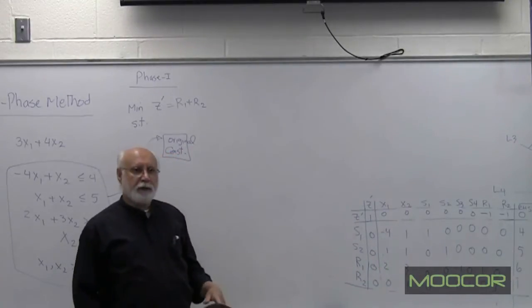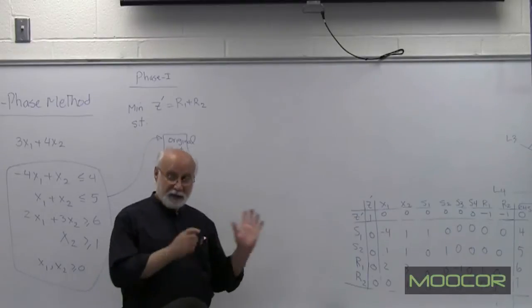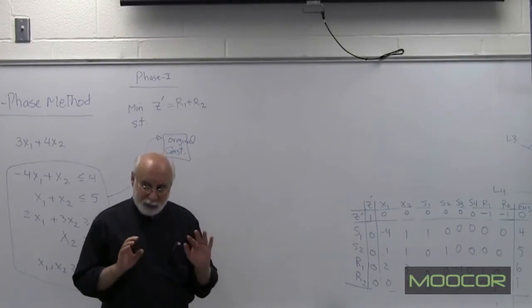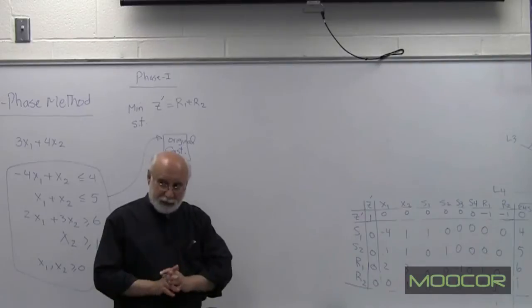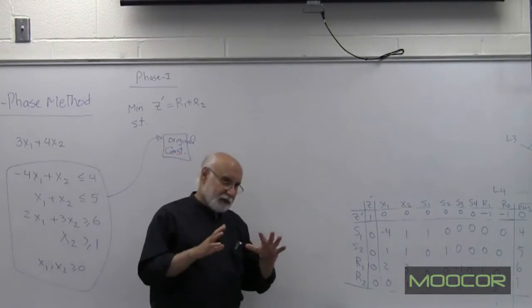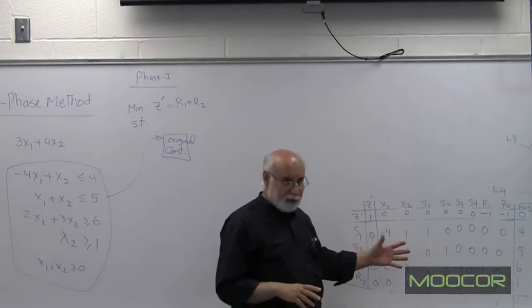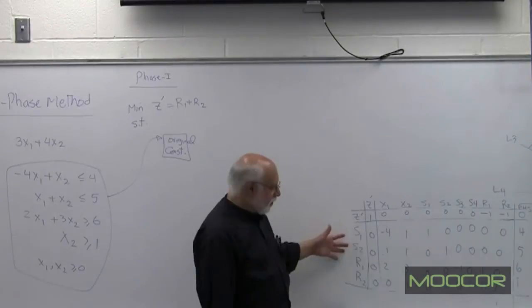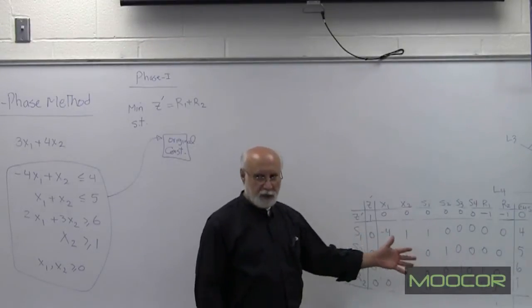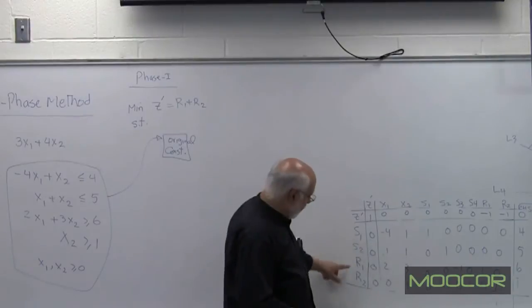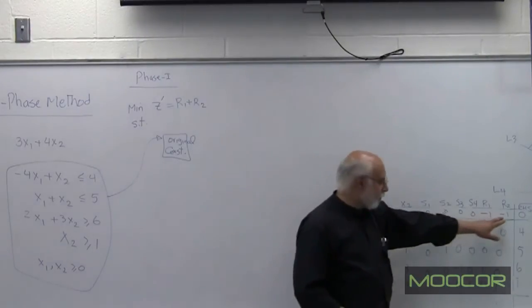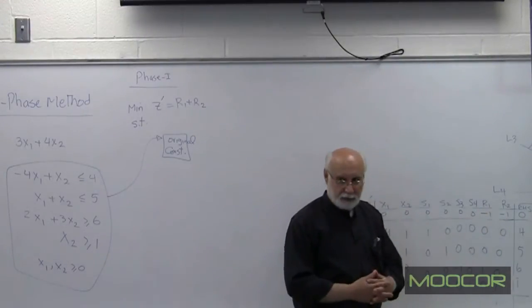So this setup. Now, with this, you have to make sure that the issue of legitimate tableau comes into mind. This tableau is not legitimate. Why is it not legitimate? You look at R1 and R2, and they are supposed to be 0, and they are not.